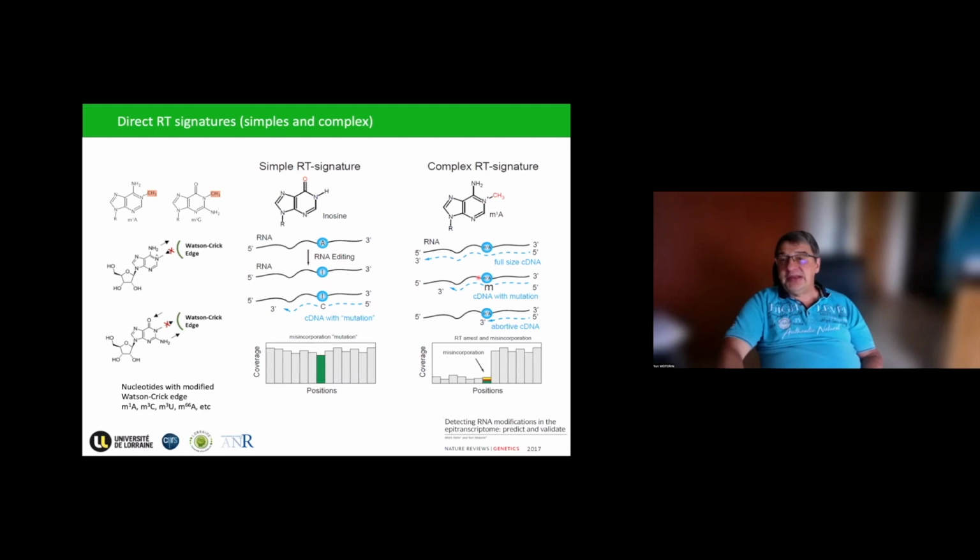Or they may be more complex, where there is a combination of read-through cDNA with mutation and abortive cDNA synthesis, which gives a misincorporation profile. Of course, those modified nucleotides are generally modified at the Watson-Crick edge, like you see here for m1A and m22G.